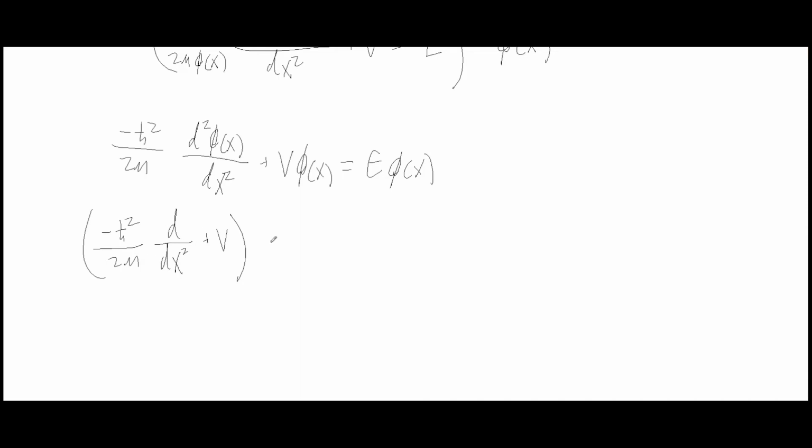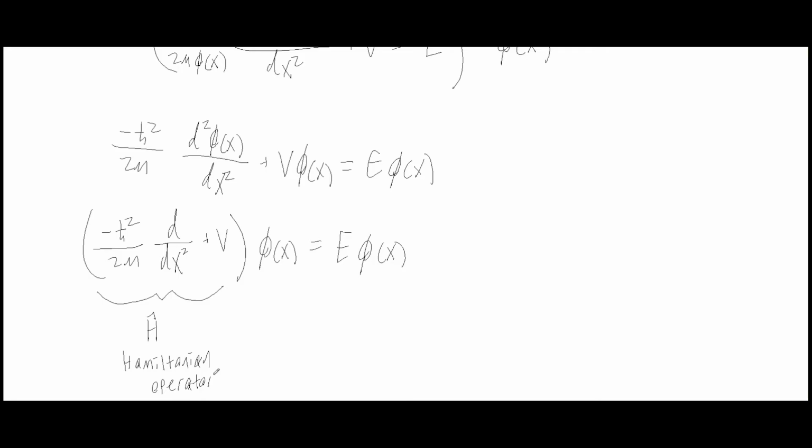We can say this is an operator acting on this wave function equals E multiplied by this wave function that's only a function of space. And you might recognize this as the Hamiltonian operator.